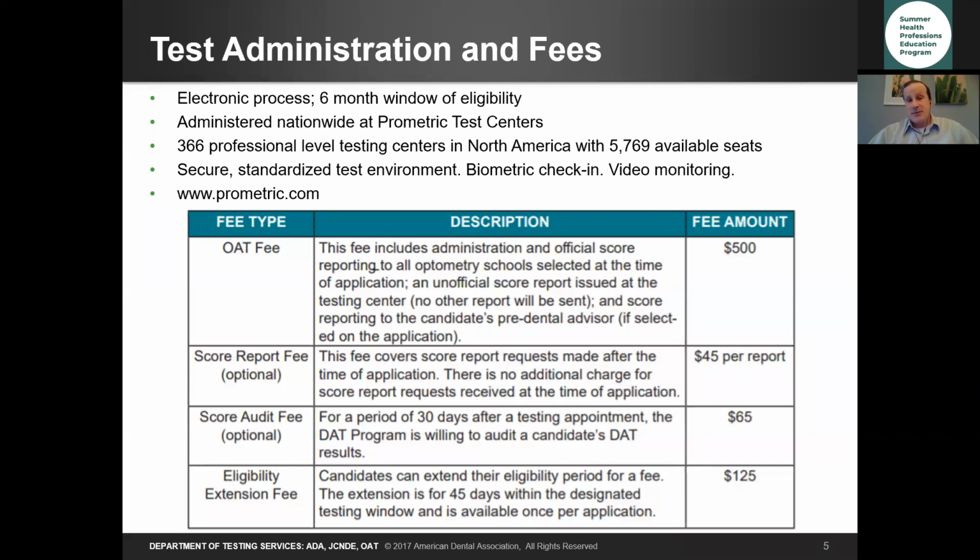But if something happens during your test that you feel is going to impact your scores in a negative way, don't worry that we wouldn't be able to confirm what you are telling us happened. We would be able to get the video and be able to tell what happened during your test. I'll talk a little bit more about that later. I just wanted to make sure that people are aware.